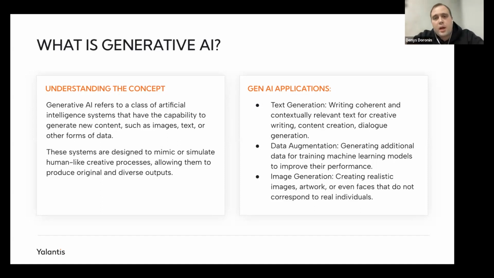Basically, how can we apply generative AI? We can use generative AI for text generation, obviously. We can generate marketing materials, articles, documents, and a wide range of textual data. We can do data augmentation. Since generative AI can generate almost any type of data, we can use it for our own internal purposes.